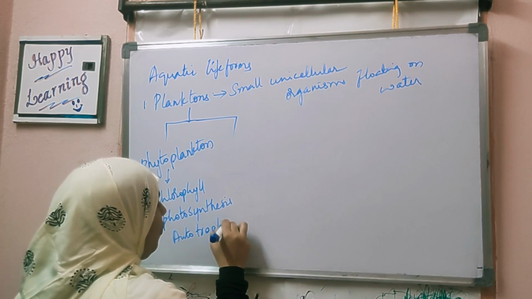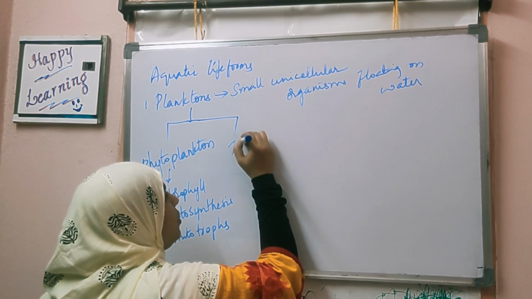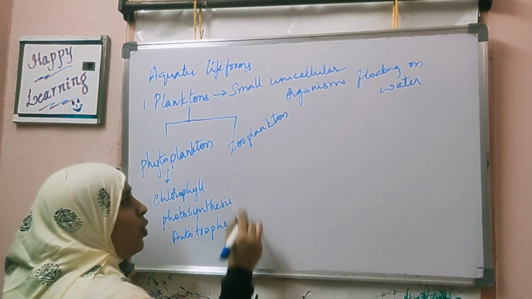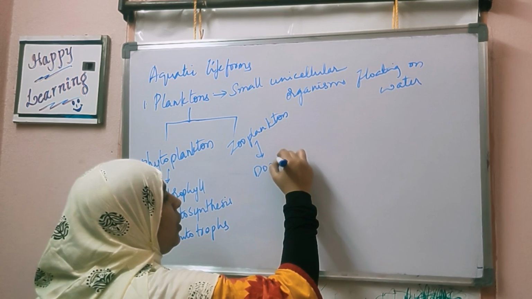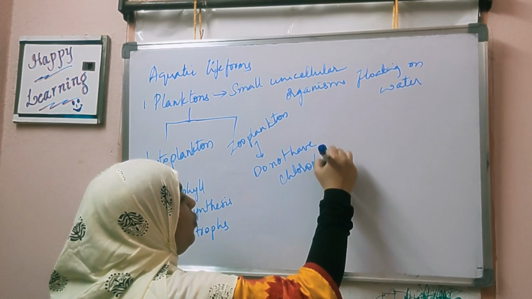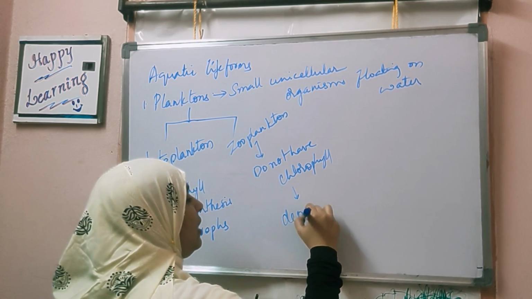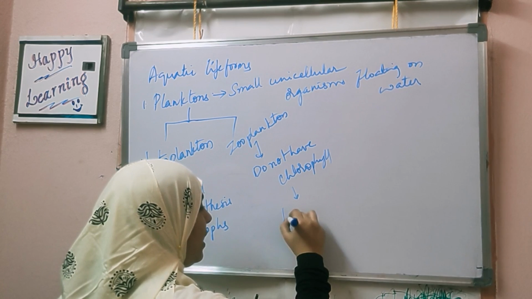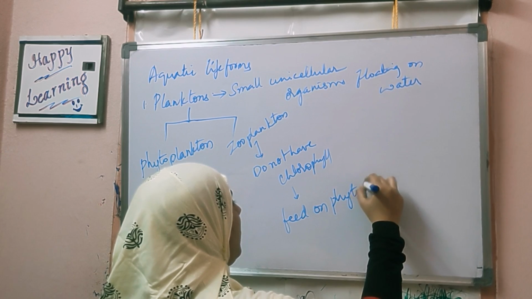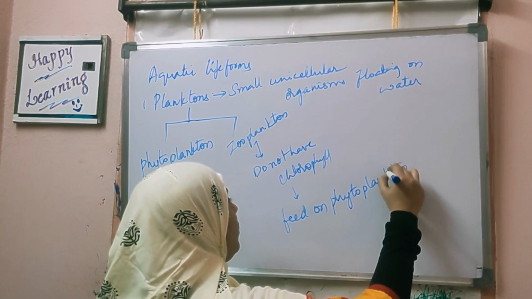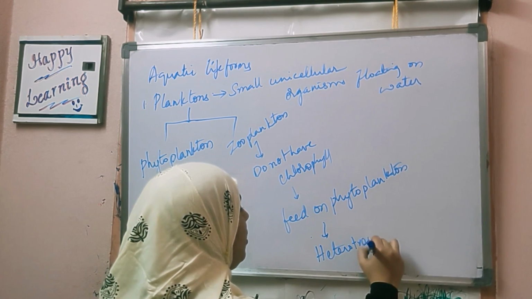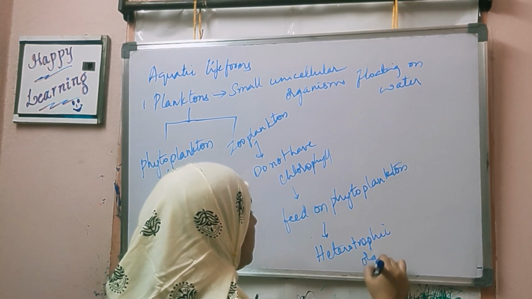And zooplankton are those unicellular organisms that float on water, do not have chlorophyll. Since they do not have chlorophyll, they cannot make their own food. So they feed on phytoplankton. So therefore they are called as heterotrophic organisms.